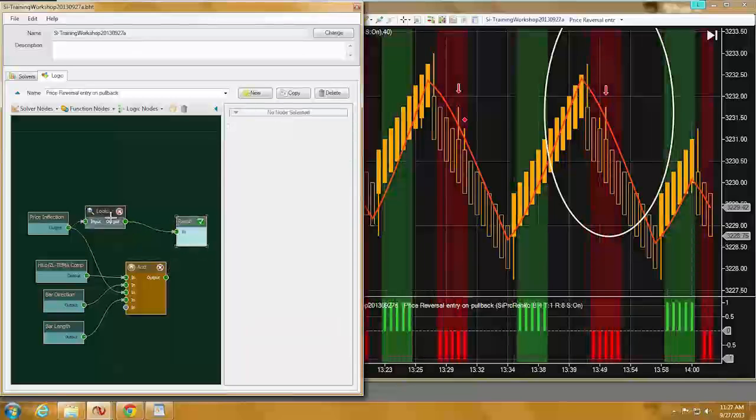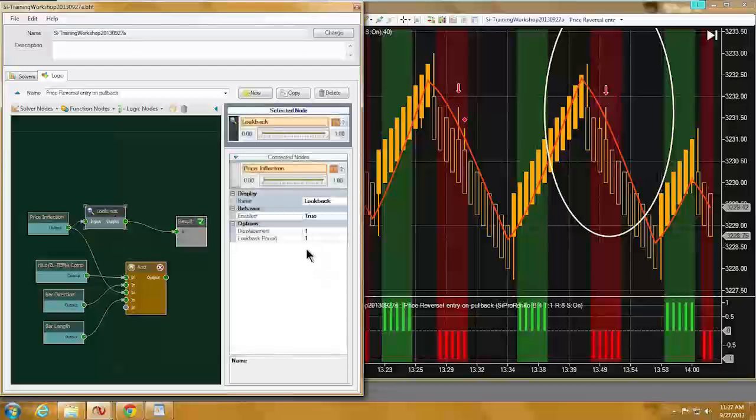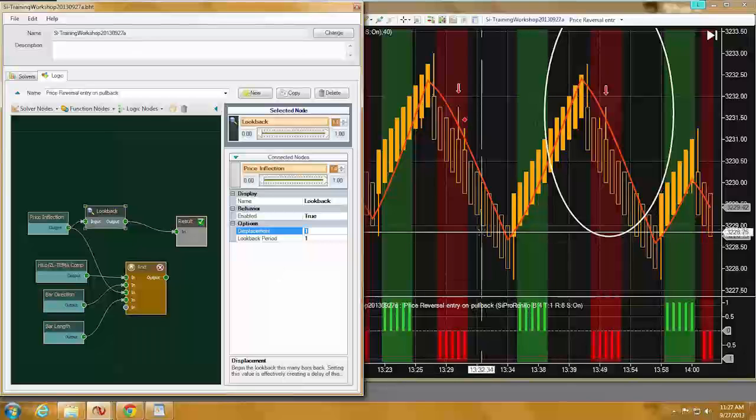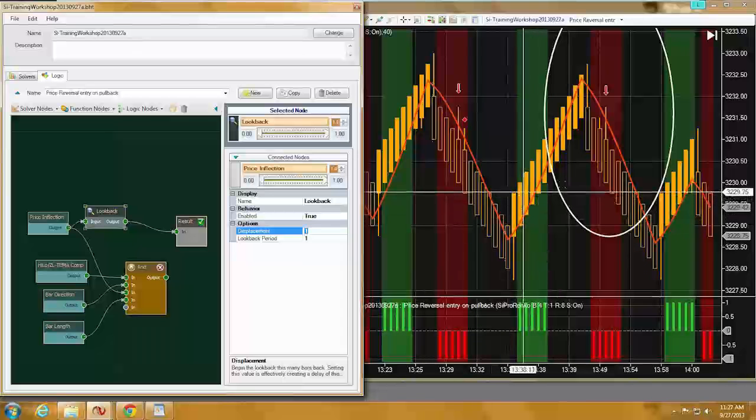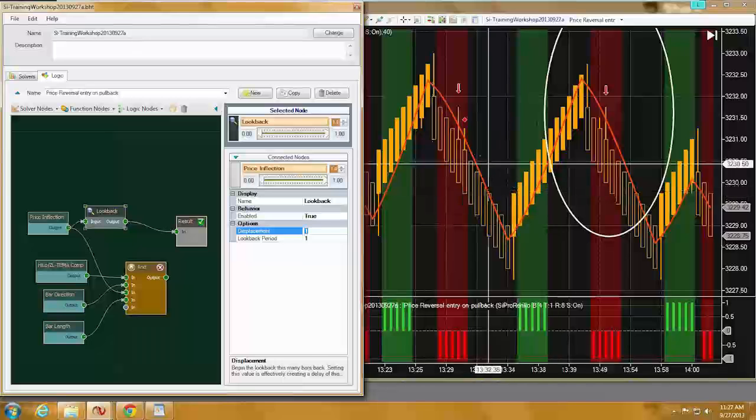So I'm just going to look directly at the Lookback. And see, it has a displacement of 1 already as a default setting. And so there, that's working right there. You'll notice that our signals are moving.